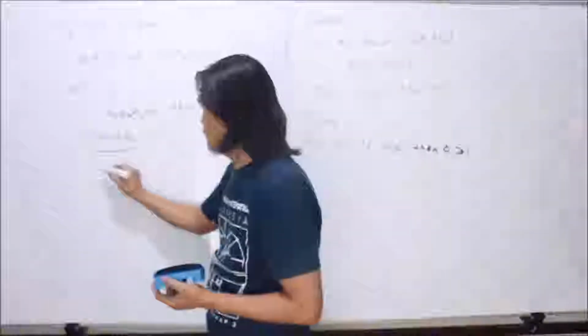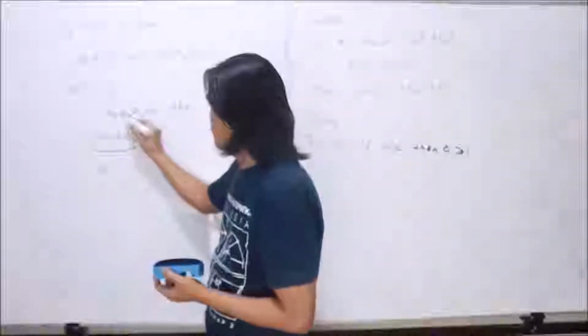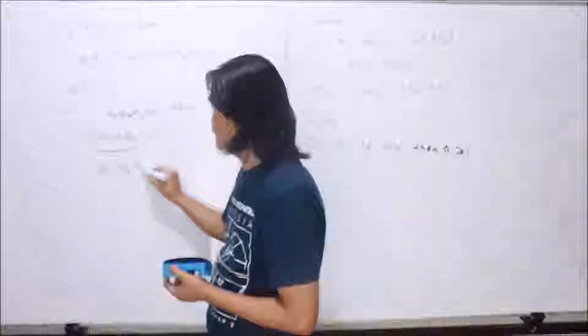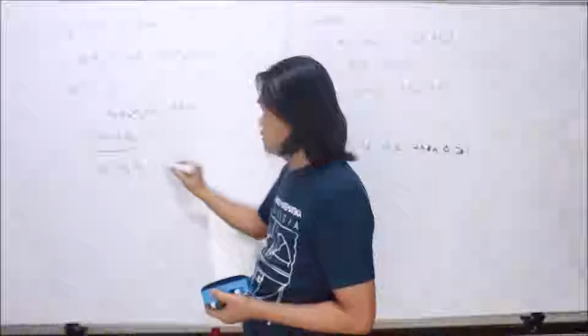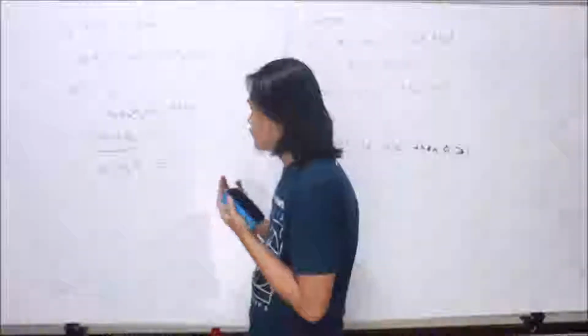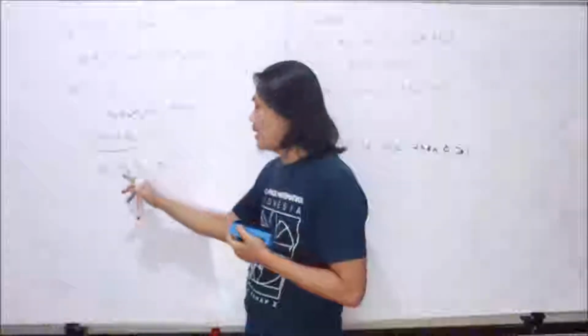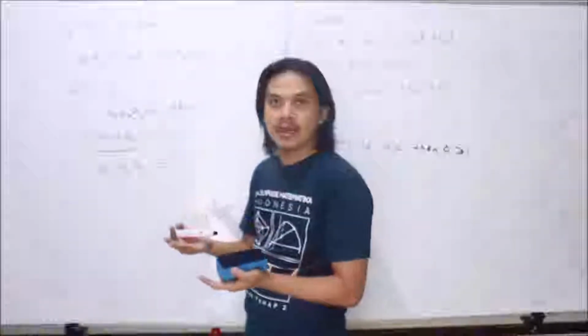So we will rewrite this as a1 times a2 times a3. We can think of this as a product of two numbers, namely a1, that's the first number, and the second number is a2 times a3.